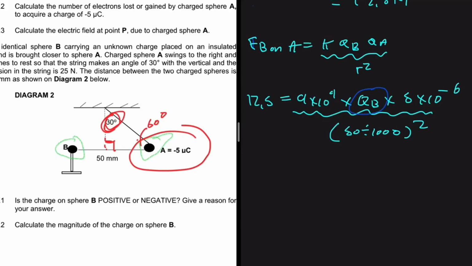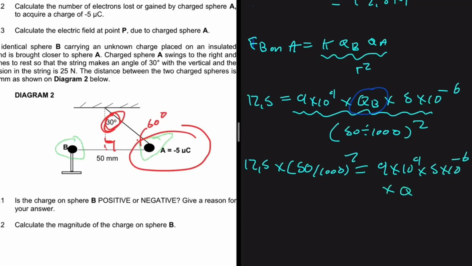If we cross multiply, we're gonna get 12.5 multiplied by 50 divided by 1,000 squared, being equal to 9 times 10 to the 9 multiplied by 5 times 10 to the minus 6 multiplied by the charge on B, right? So now it should be easy to see that if we divide both sides by this term, we should get the charge on B, right?